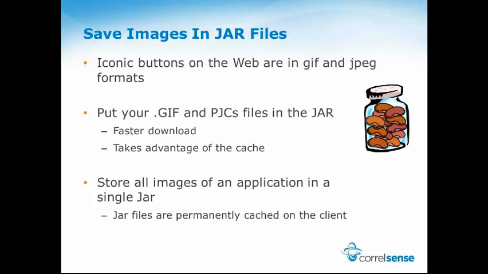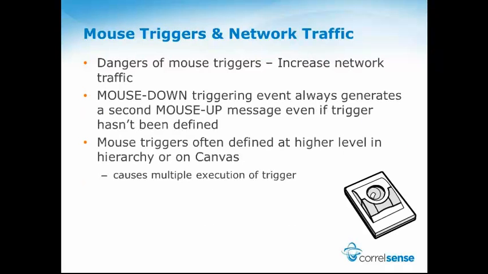The jar file stays on the client and it's only re-downloaded if there has been a change in the jar file. So essentially it's something that loads once. If there's no changes, it stays on the client side, and it really helps with network traffic if you have a system that's very heavy in iconic buttons.